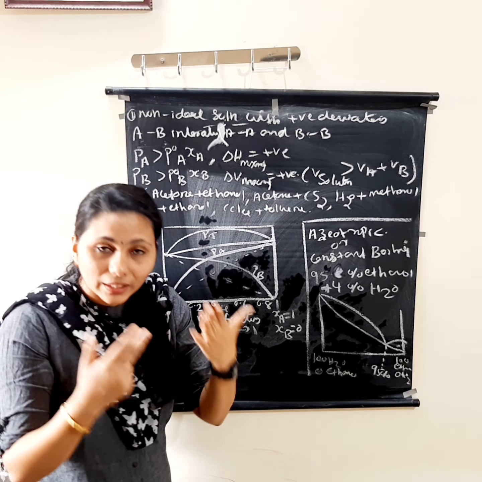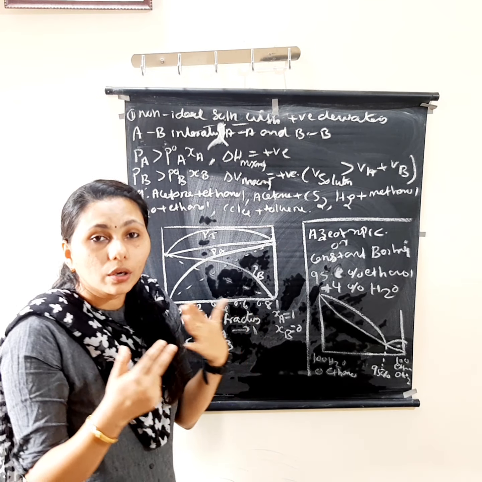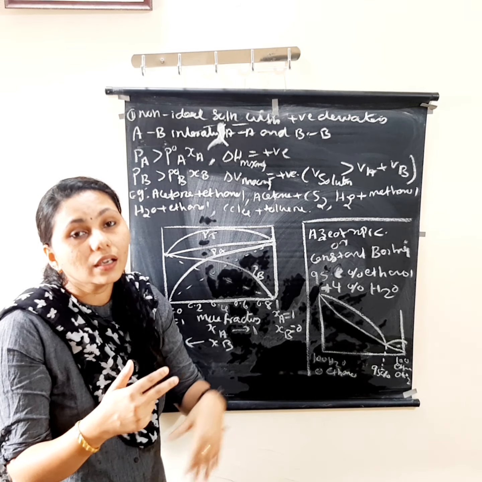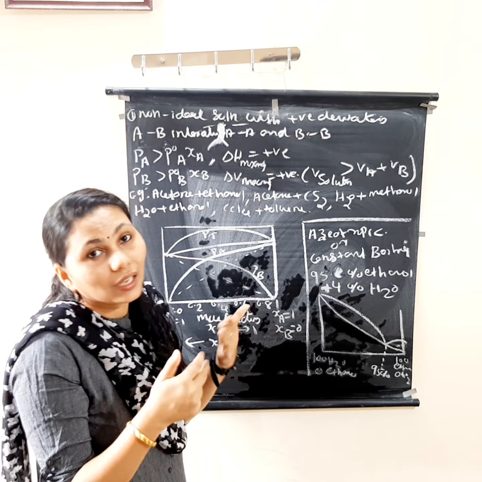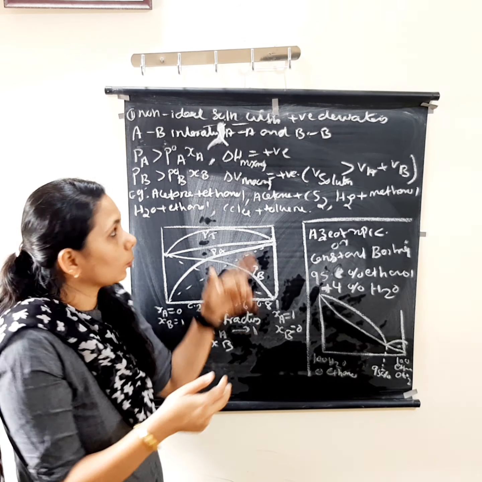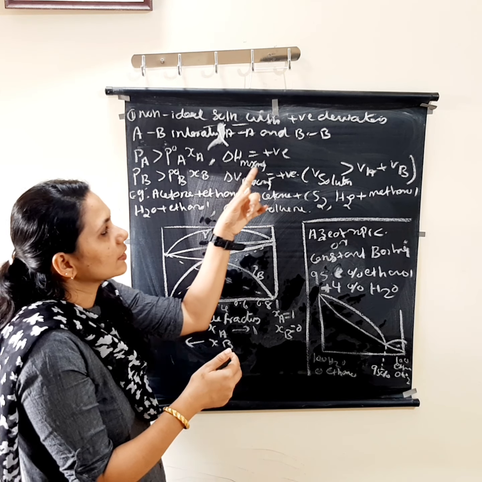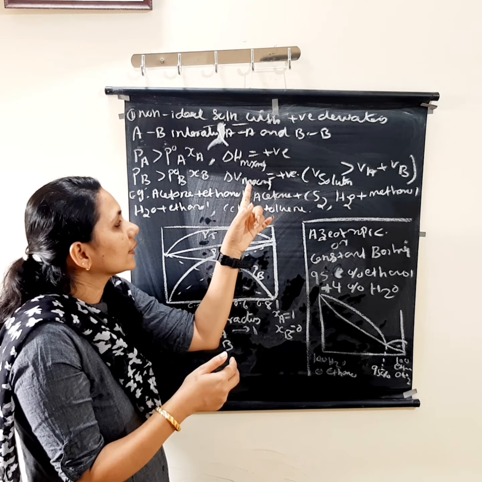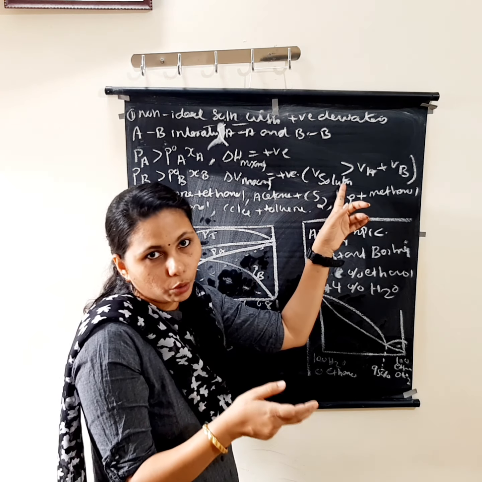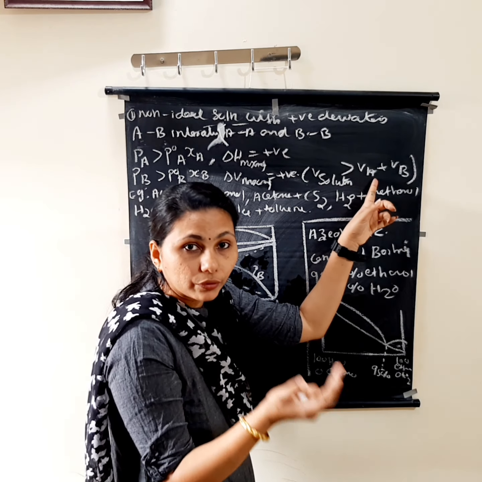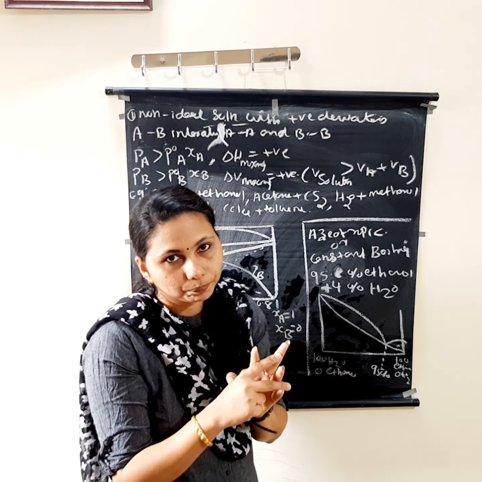That means for each component A or B, the individual partial pressure will be more than we expected by Raoult's law. Then delta H mixing is positive, delta V mixing is positive. That means the volume of solution formed will be greater than volume of A plus volume of B.